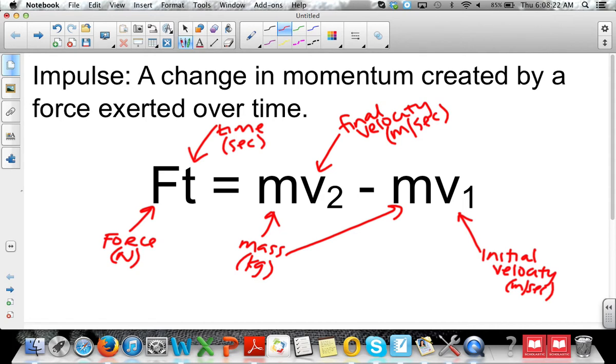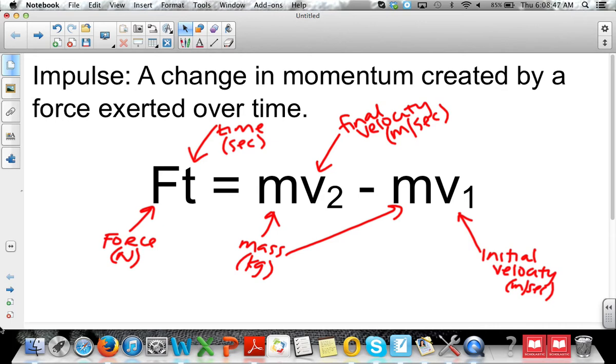Okay, so we've got a whole lot of variables going on. So we've already calculated mass times velocity before. And Ft is going to work pretty much the same way. It's just two numbers being multiplied by each other. And then you just need to remember that impulse is a change in momentum. So if a problem asks you what is the impulse, it means find the change in momentum.